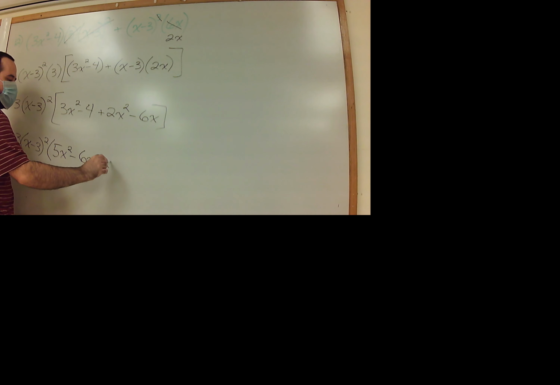We've got 3x squared plus 2x squared, minus 6x. Nothing real aggressive or anything. It's just messy. And so it's really okay to leave it here.